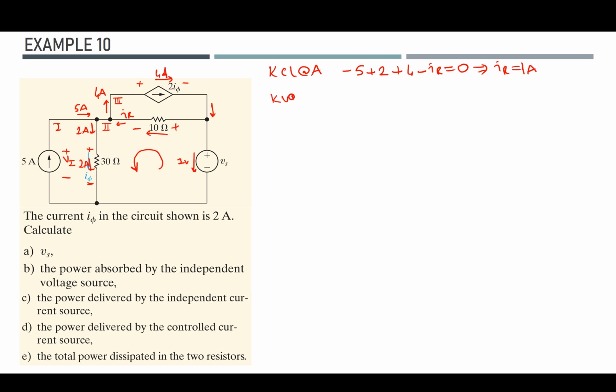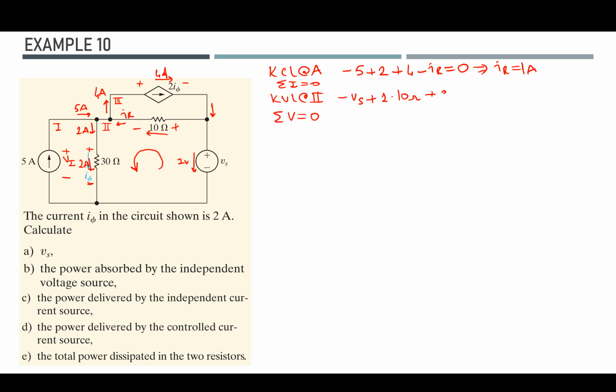For the KVL around the second loop, I can simply write minus Vs plus 1 amp times 10 ohms. Since I'm rotating towards the 30 ohms in the same direction, I will add that too.